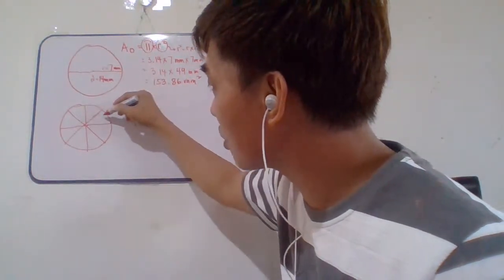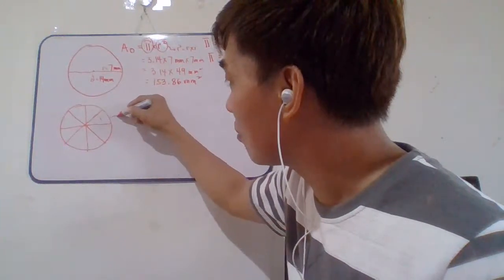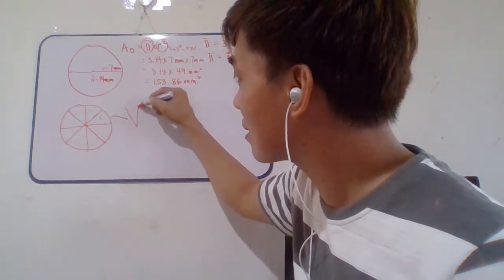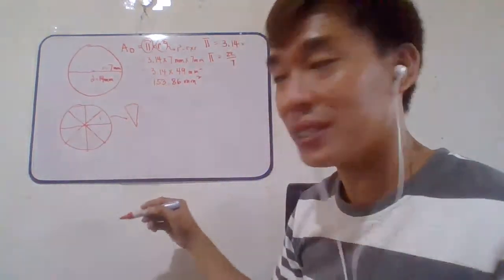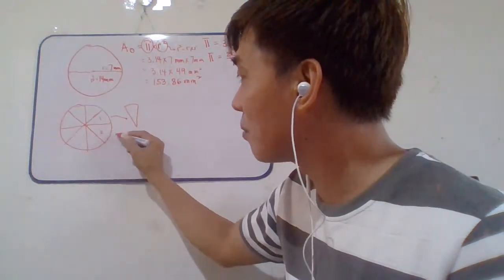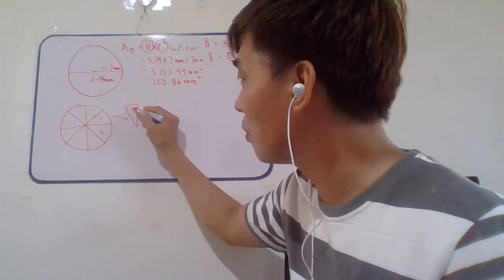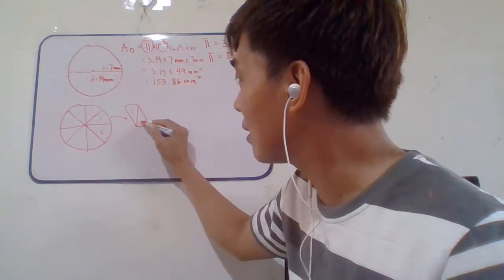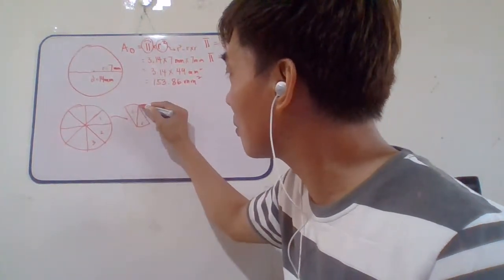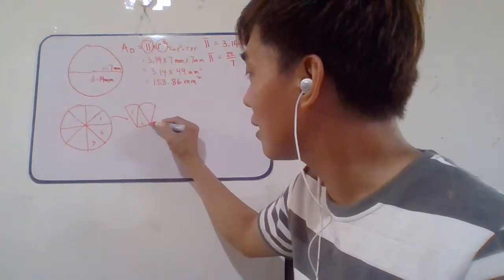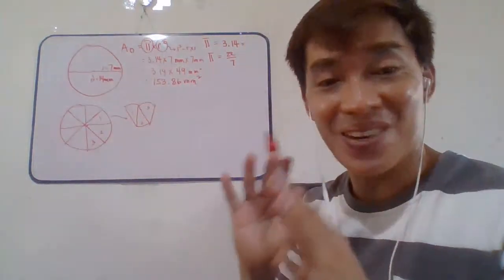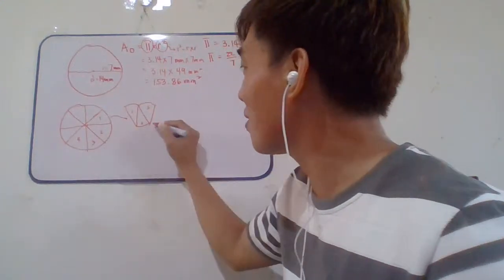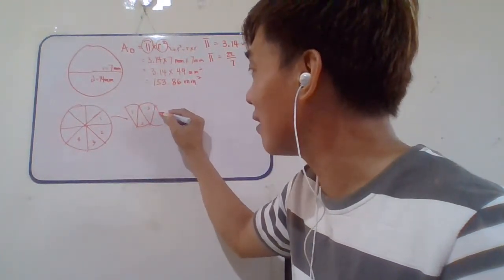So for example, the portion here, this one, I will put it there. That's one of the sectors. Then number two, I will put below. This is number two. And number three, I will put on top. This is number three. Sorry for the drawing. This is number four. I will put it alternately.